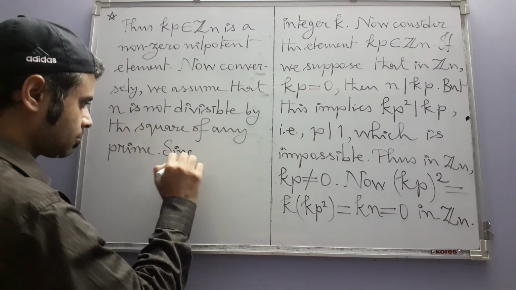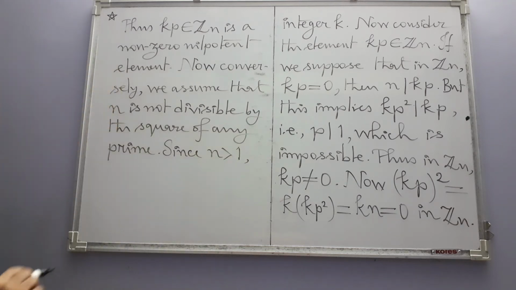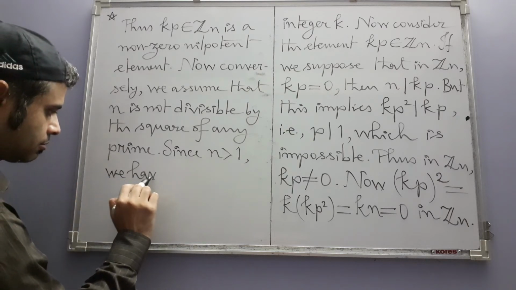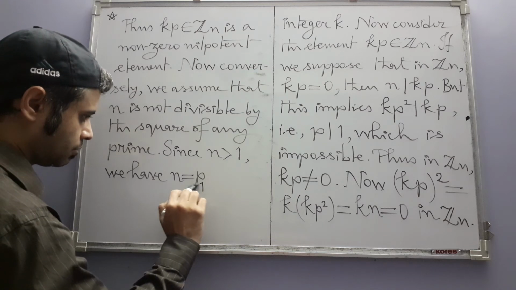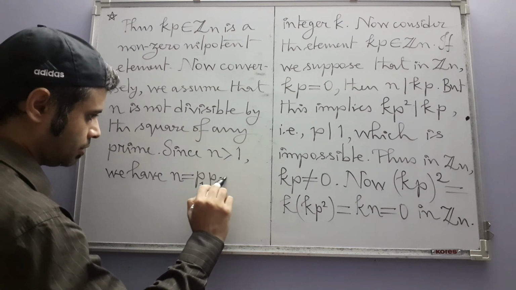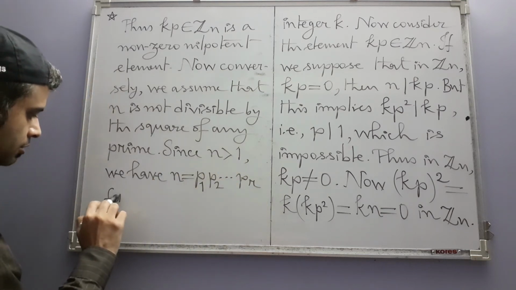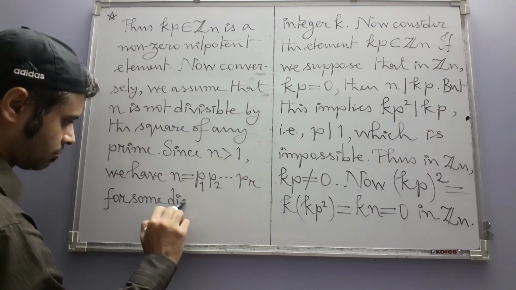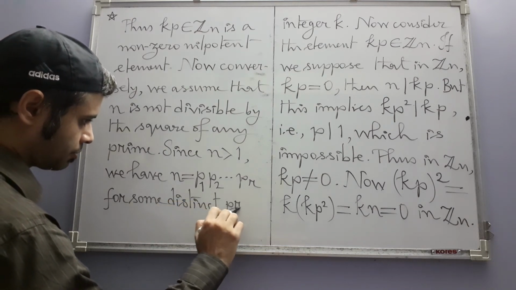Since n is greater than 1, we have n equal to p1, p2, etc., pr for some distinct primes.